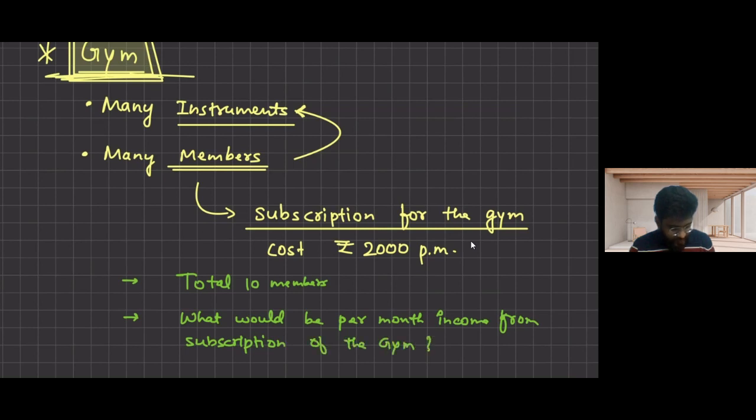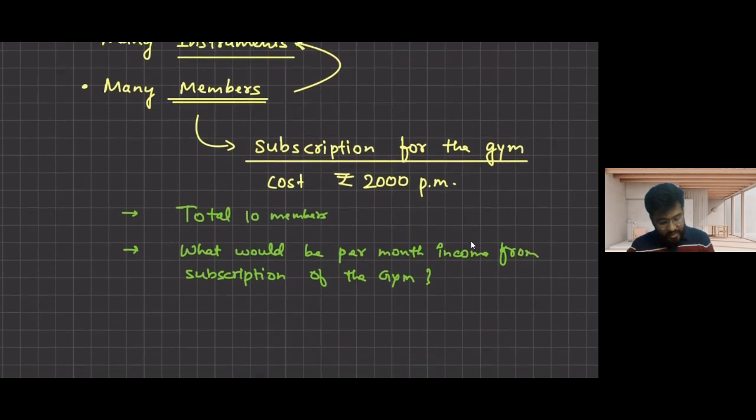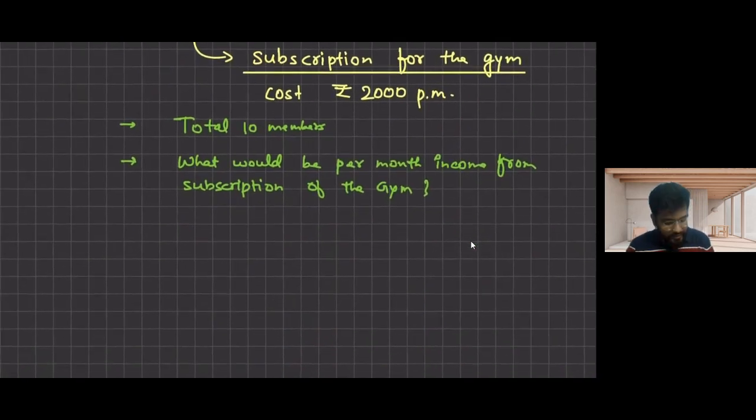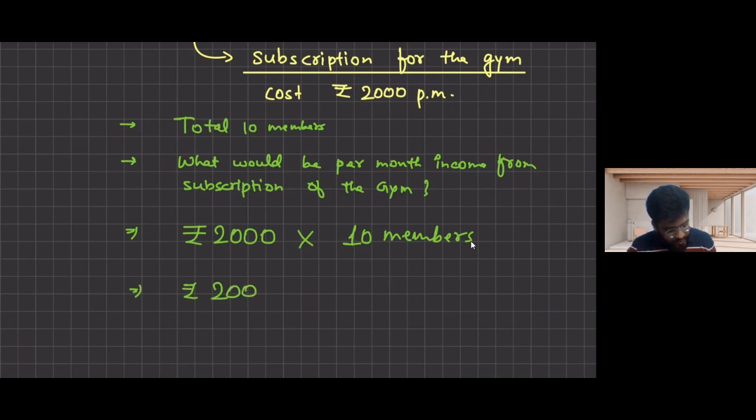This is a very simple question. Obviously, sir, per member per month the fee is 2000, and if we have 10 members, the total income would be rupees 20,000 per month. So this is very simple.